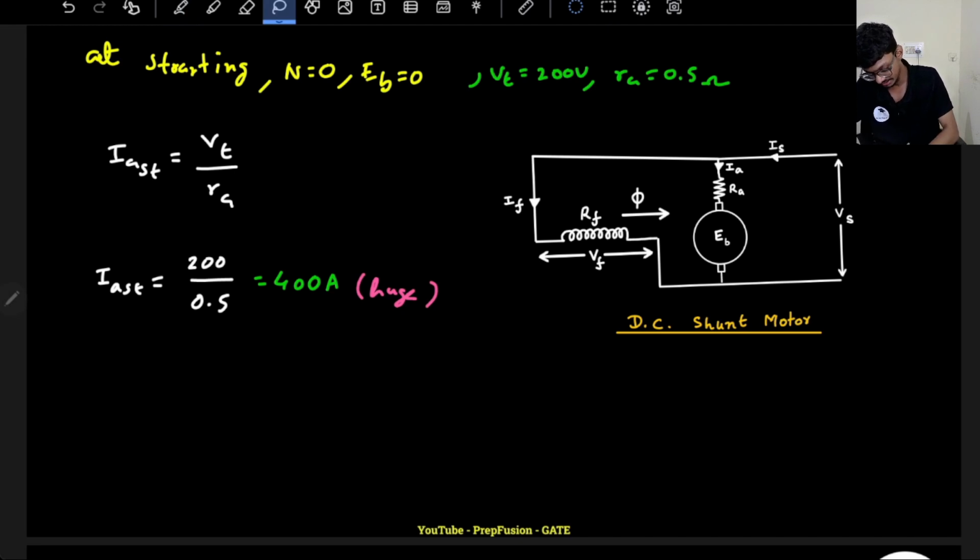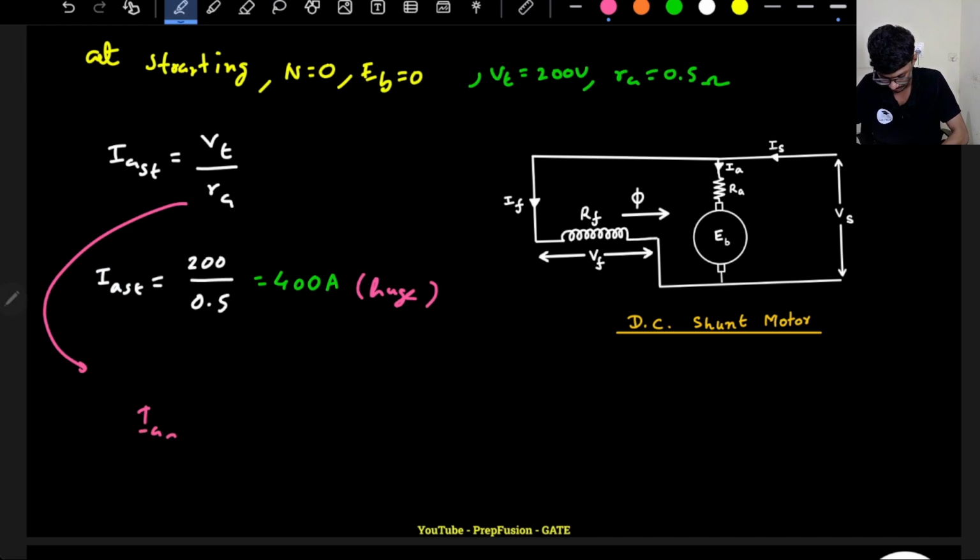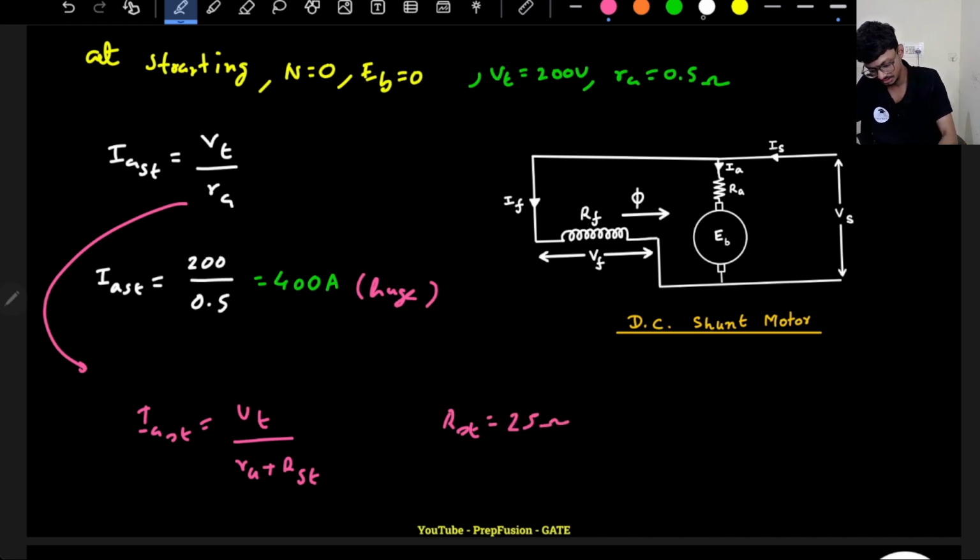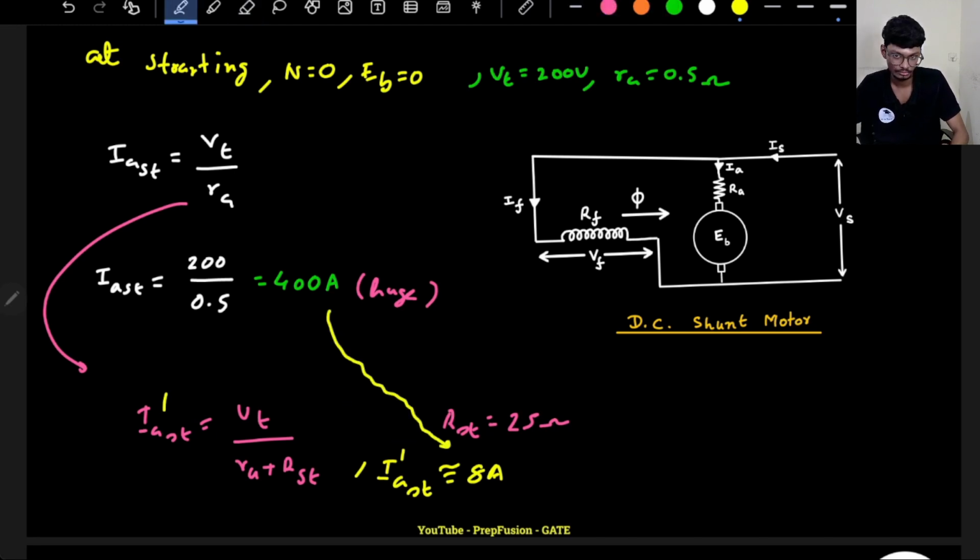If I add a series resistance, then my I_a starting will be V_t divided by R_a plus R_external, and let's assume the R_external, or the starting resistance, is 25 ohms. Then your I_a dash starting roughly becomes 200 by 25, that is roughly 8 amperes. So it reduces drastically.